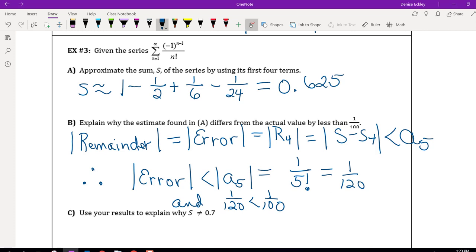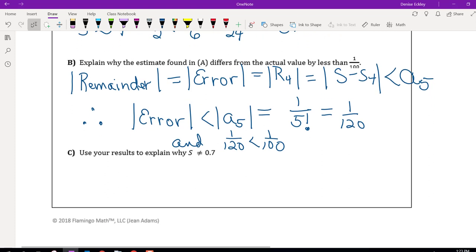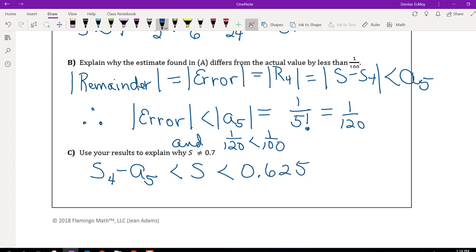Then we're supposed to use our results to explain why S cannot equal 0.7, knowing all this. Well, remember that our actual sum, if we take S4 and subtract off A5, that is always going to be less than our sum. So that means our actual S4, which was 0.625, plus our A5, we're going to be somewhere in between there. So our S is going to be somewhere in between those two boundaries.